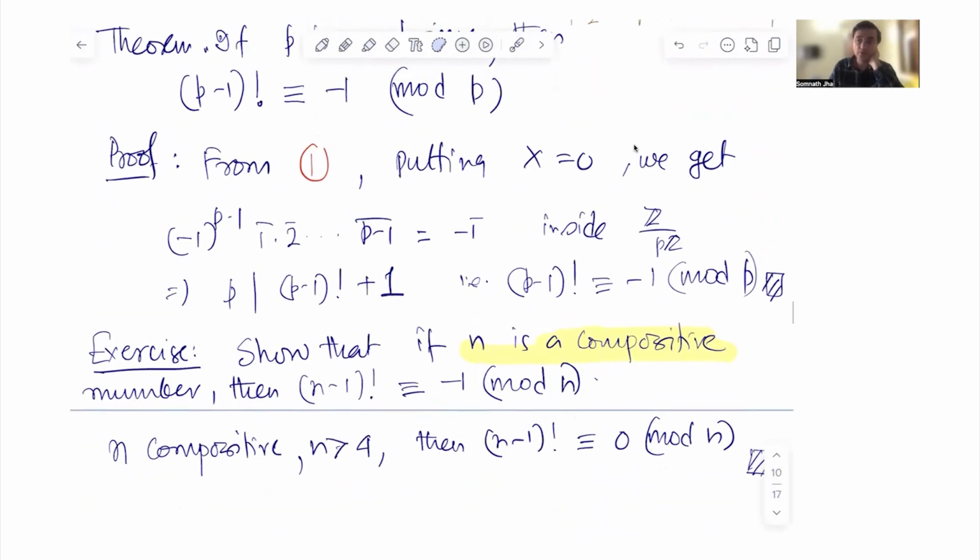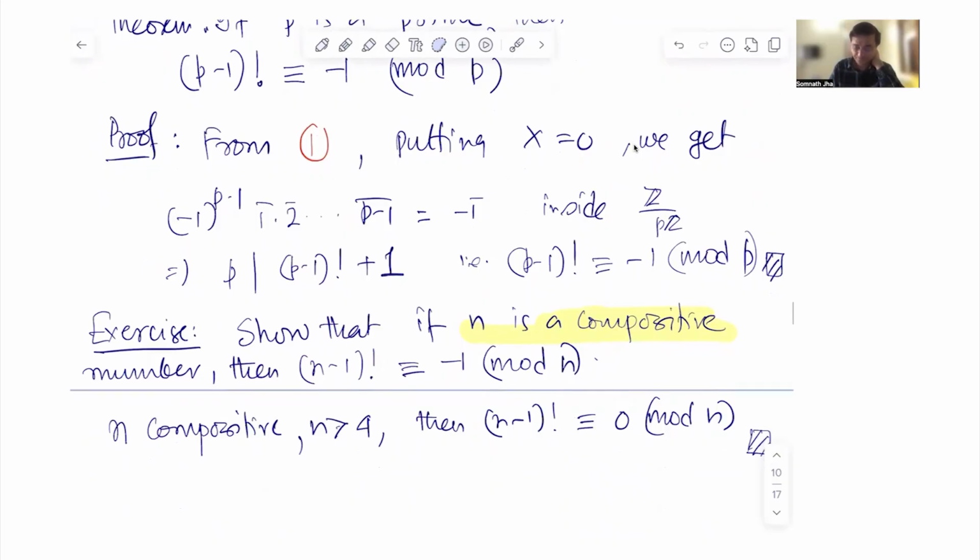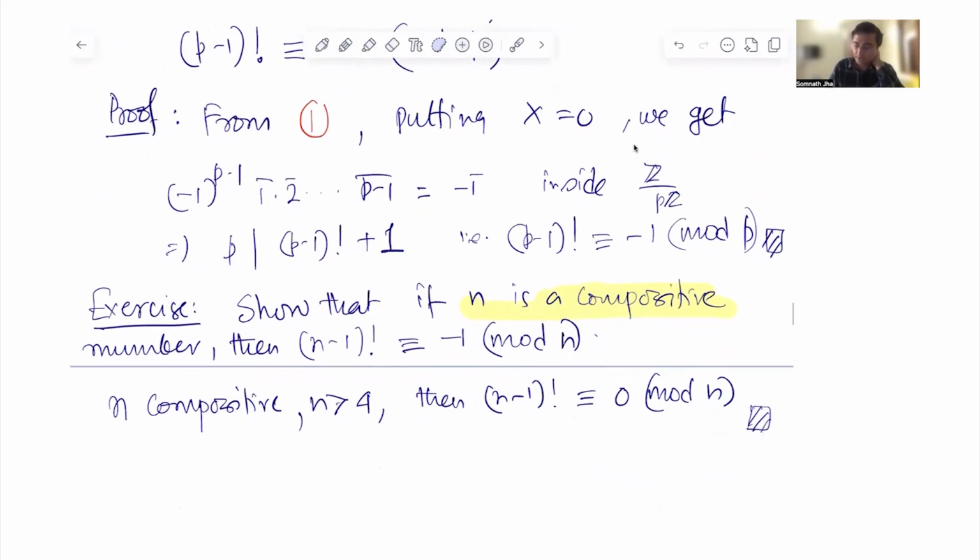So p divides p minus 1 factorial plus 1, or p minus 1 factorial is minus 1 mod p. And I told you after that, if n is a composite number, then this is not true. So if n is a composite number, then n minus 1 factorial is not equal to minus 1 mod n.